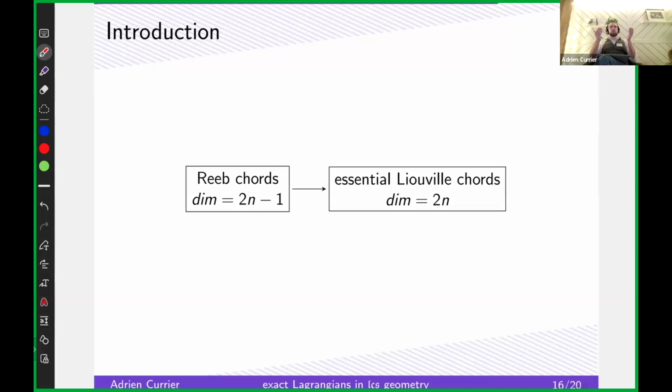And when a Lagrangian in jet space has no ruptures, then the projection on the base space is going to be a homotopy equivalence. And so this gives us a direction in which to dig. Is there something in LCS geometry which plays the same role as ruptures play in contact geometry? And the answer seems to be, well, yes, and those are essential U-virtuals.